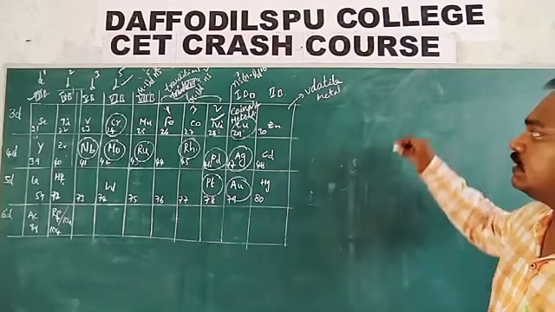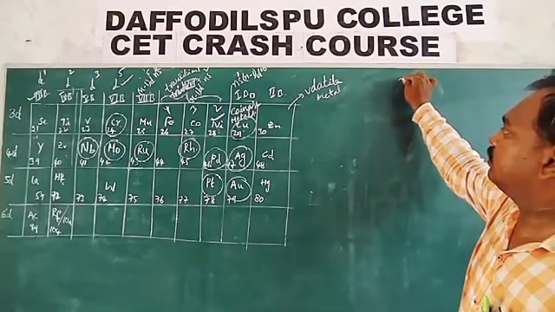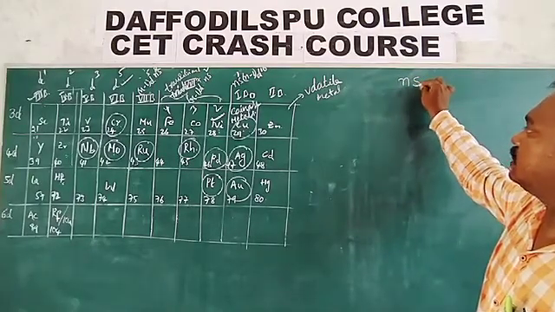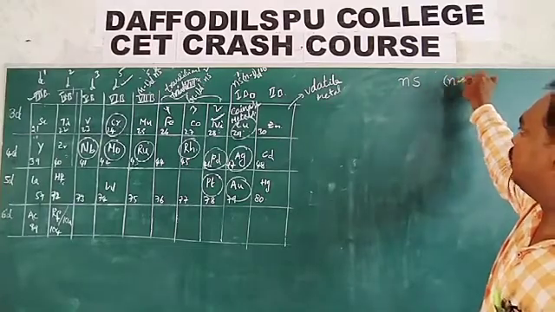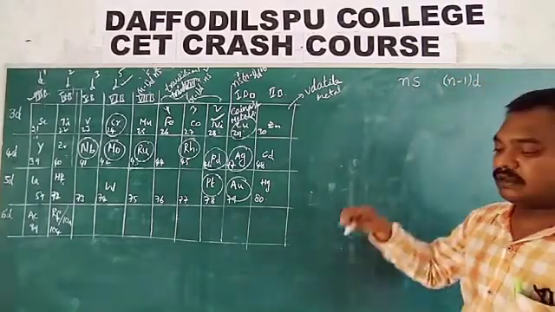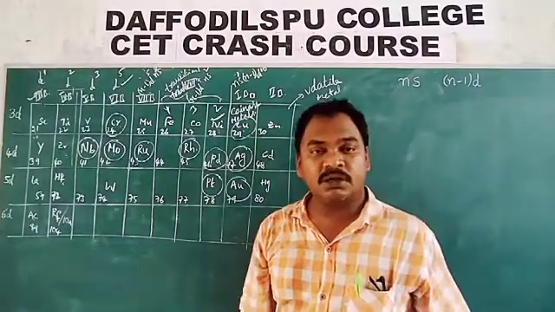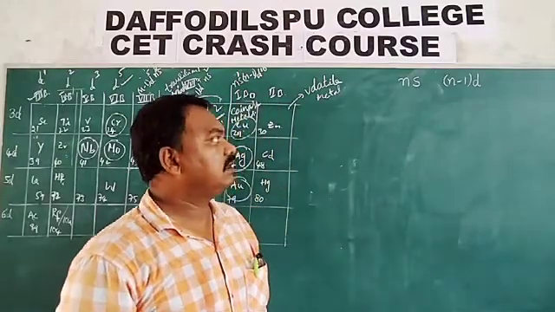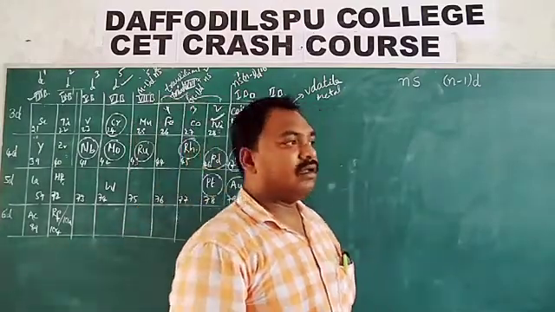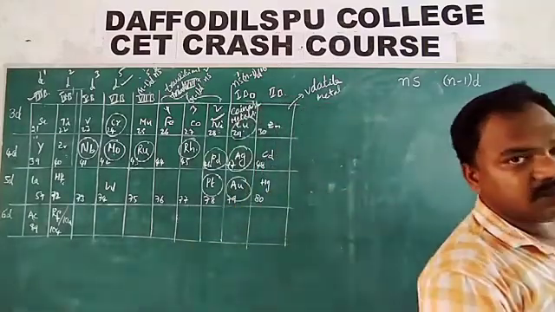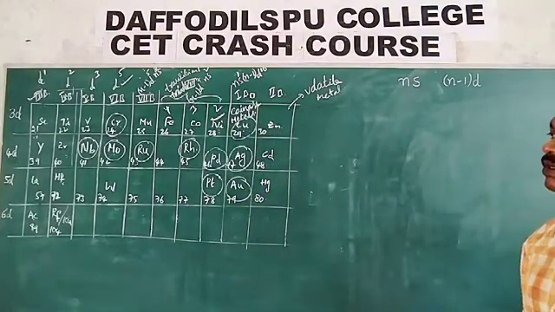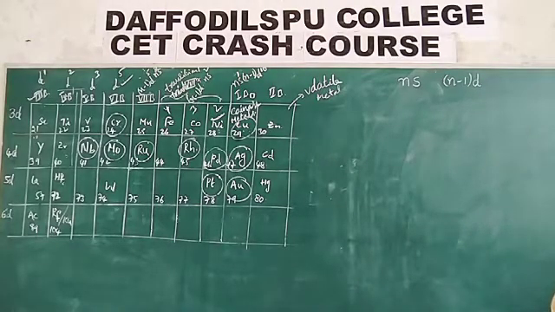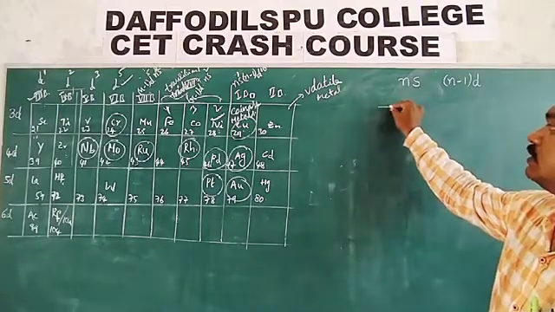Why do these d block elements exhibit variable oxidation states? In d blocks, the energy difference between ns orbitals and (n-1)d orbitals is very less. Hence, during bond formation, along with the ns orbitals, (n-1)d orbitals also participate. Hence, a number of oxidation states are shown by these d block elements.